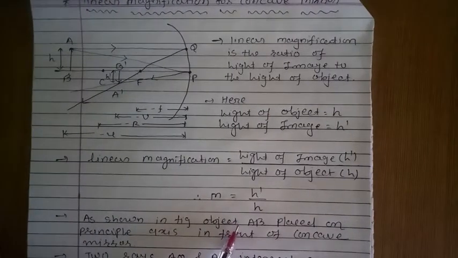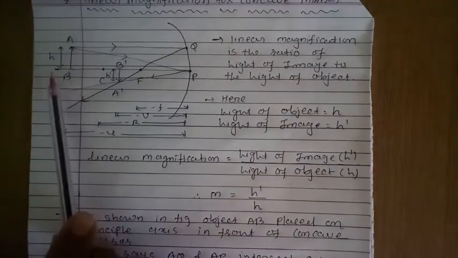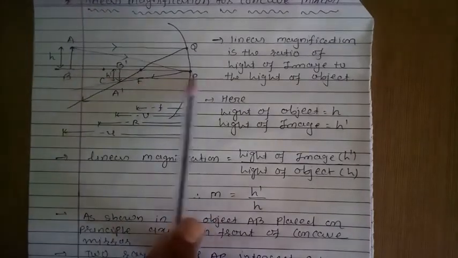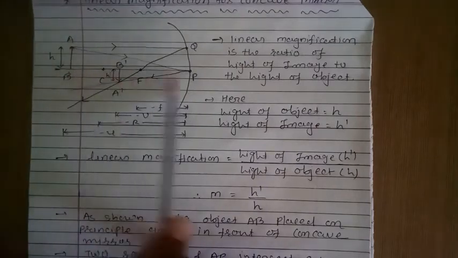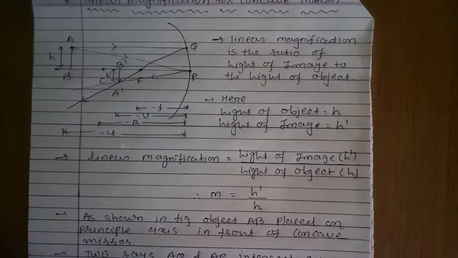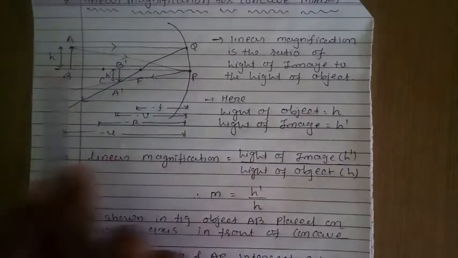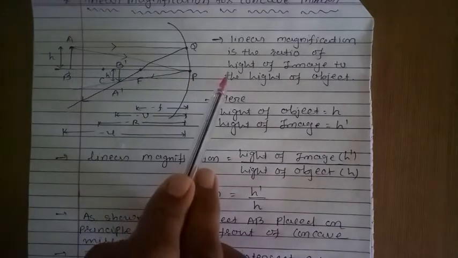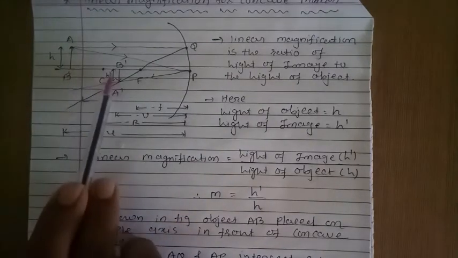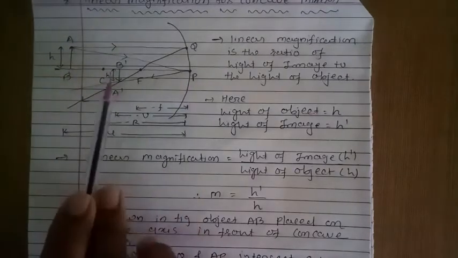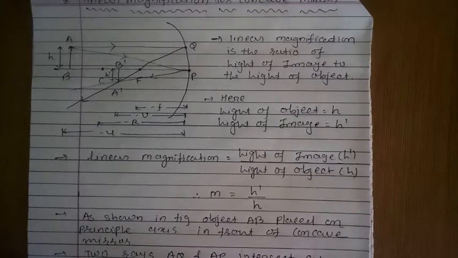As per the sign convention, heights above the principal axis are taken as positive and heights below the principal axis are taken as negative. So the height H, which is above the principal axis, is positive, but the height h dash, which is below the principal axis, is negative.